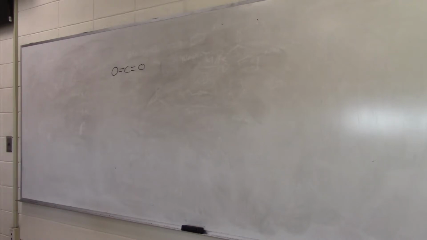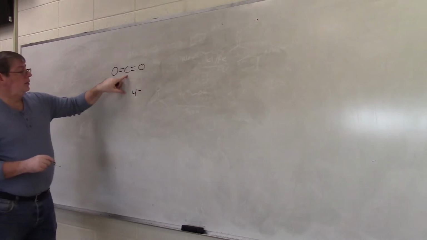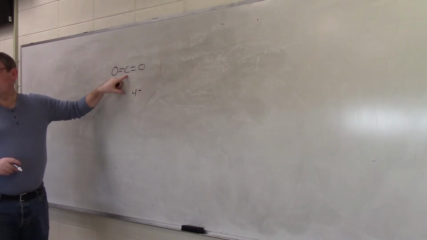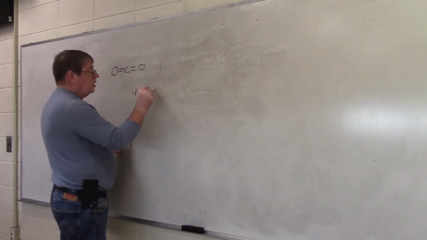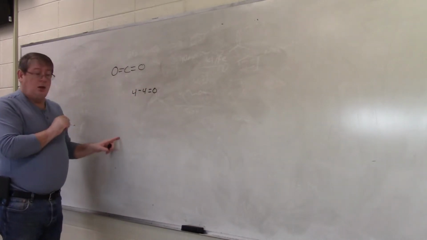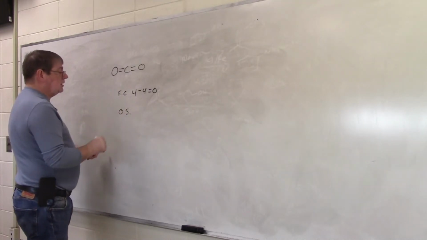Formal charge, we assumed everything shared equally, right? And so the formal charge of this carbon is 4 minus what? 4 minus 4. Yeah, so it has a formal charge of 0.